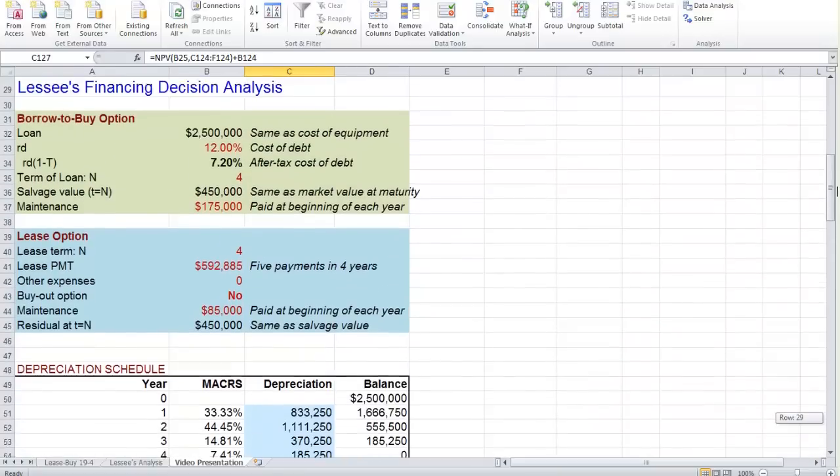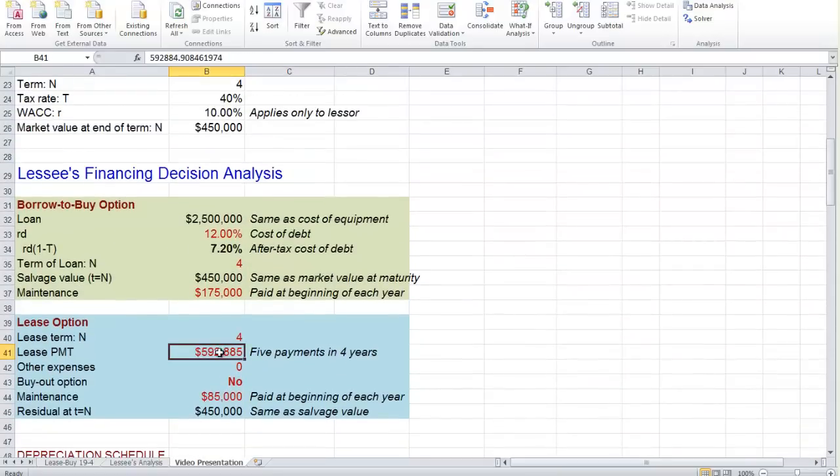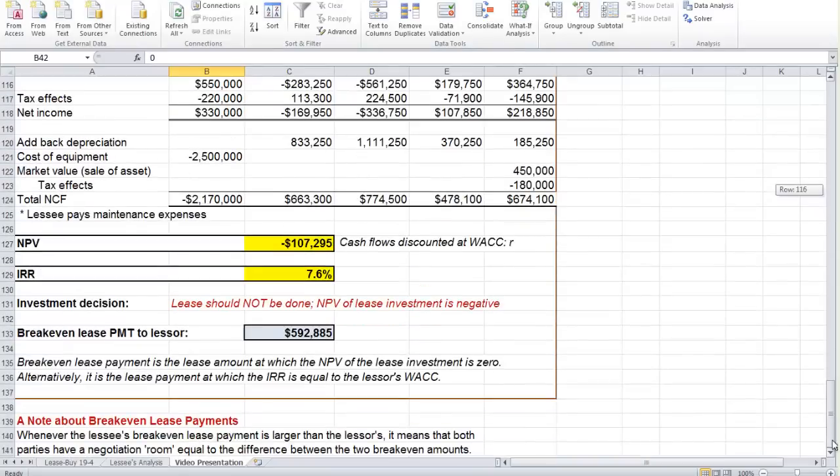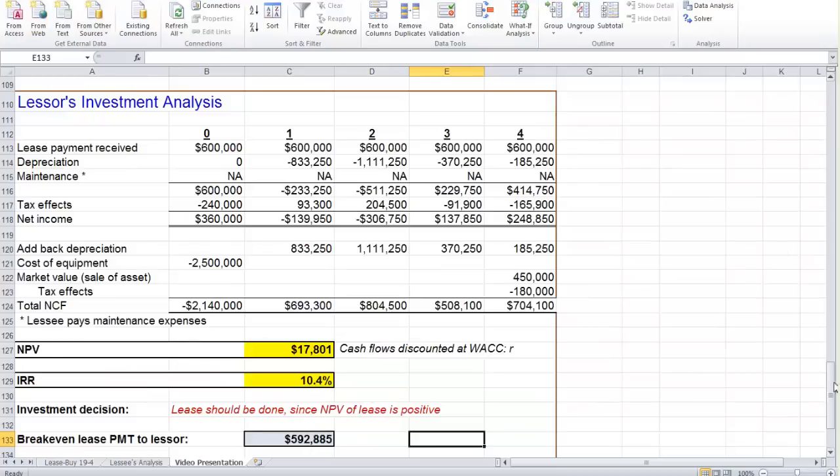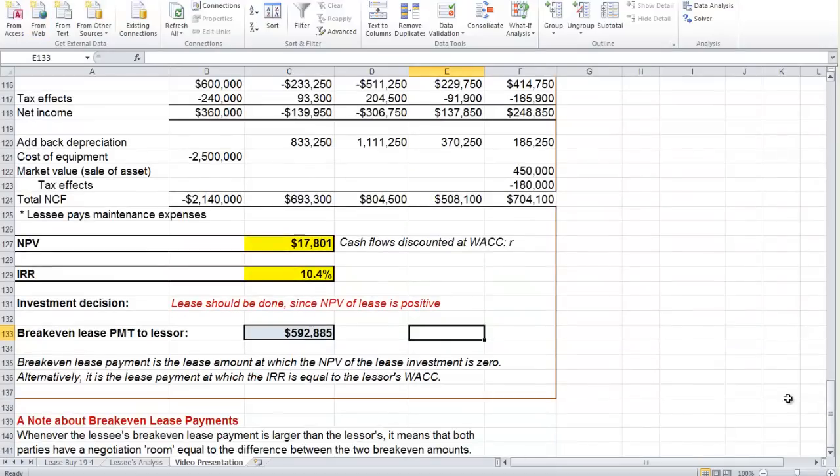For example, if I go up here and I change this to, let's say, $550,000, which is less than this break-even amount, you will see going down here that NPV is now negative, and of course IRR of 7.6% is less than WACC, which is 10%. So undo and undo.